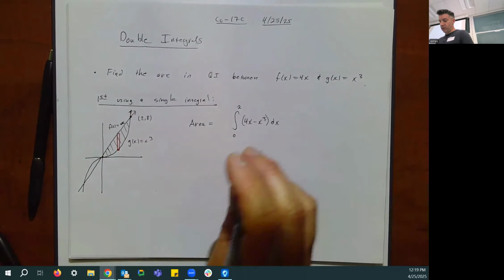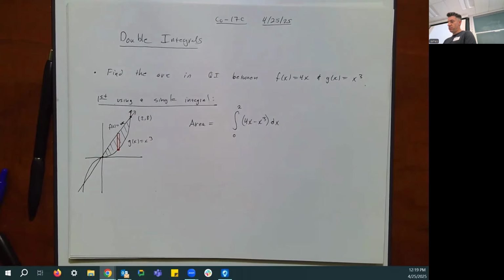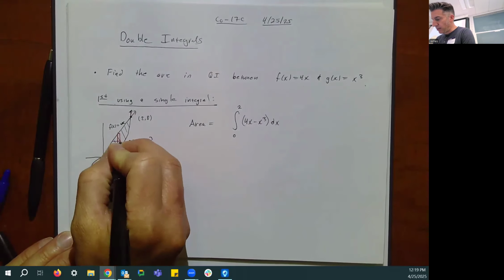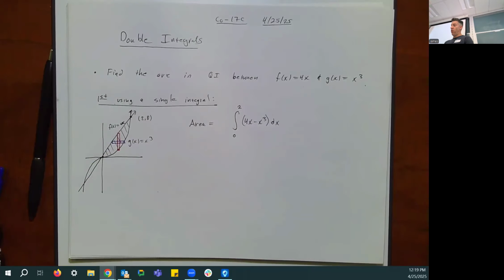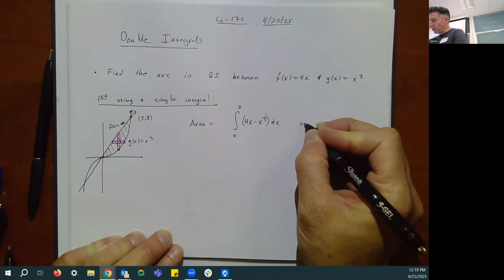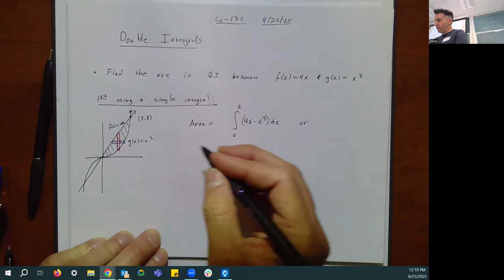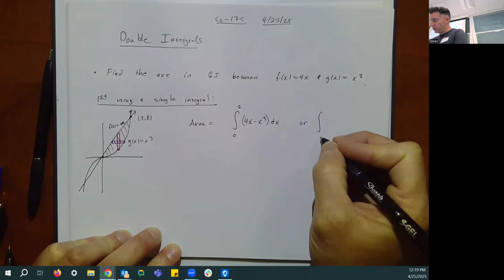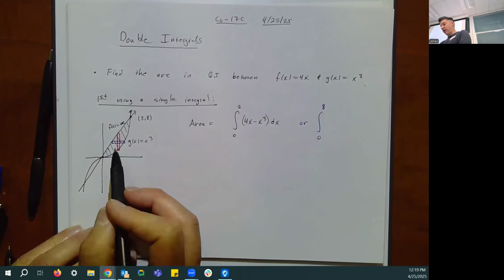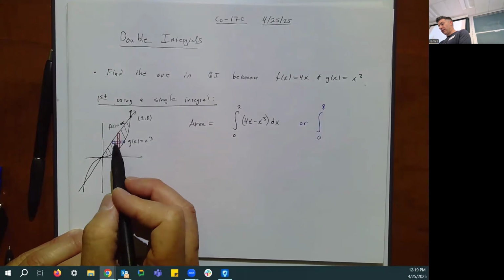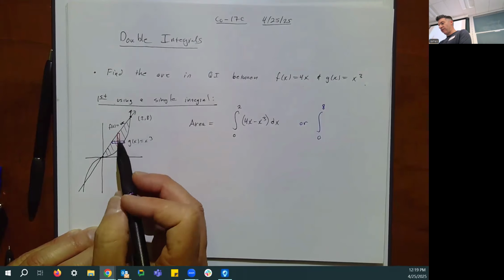We could also do it using horizontal cross sections if we wanted to, where we do things in terms of y. We could say we're going to go from as low as y equals 0 to as high as y equals 8. And then the area of my rectangle is the length, which is the right function minus the left function.